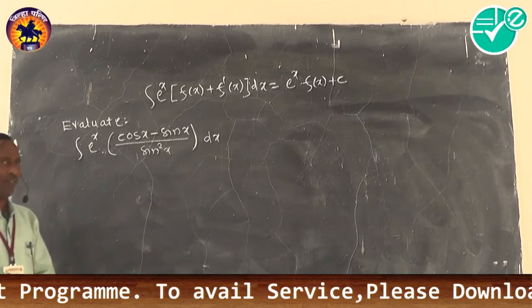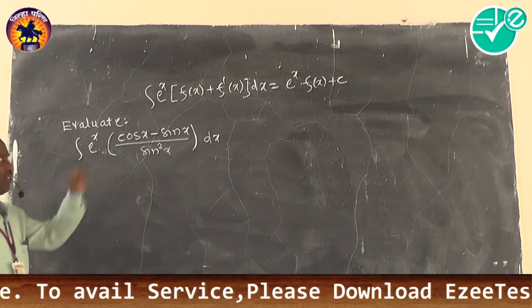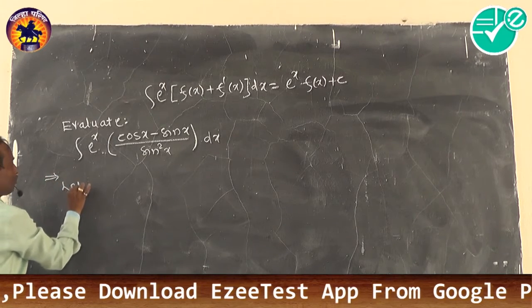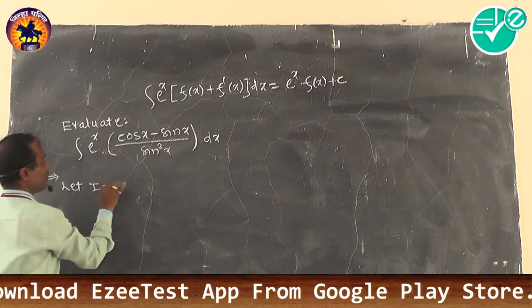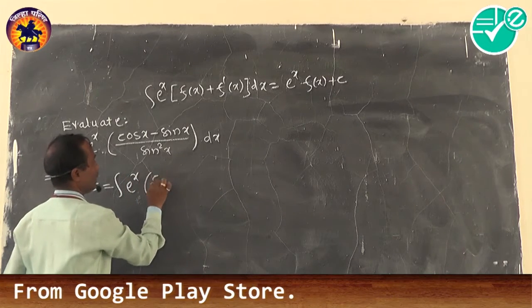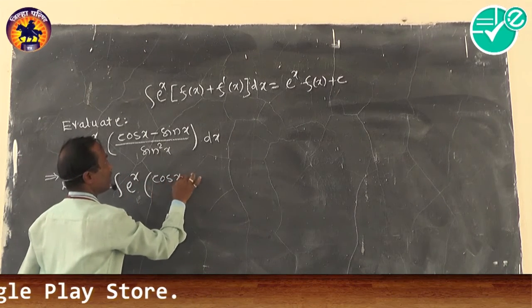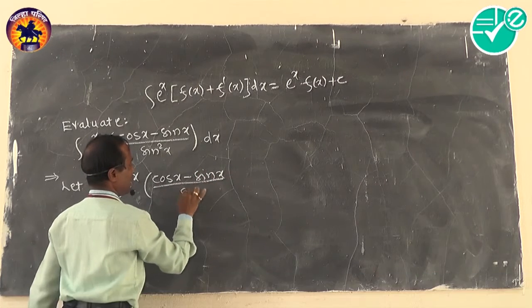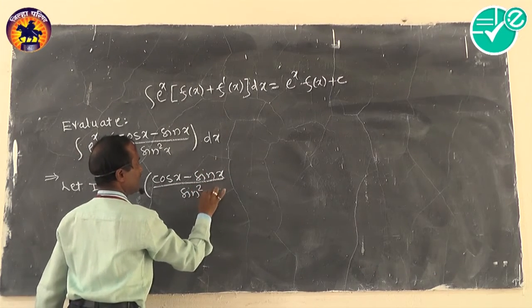Now we want to evaluate this example by using this corollary. Solution: let I is equal to integral of e to the power x into (cos x minus sin x) divide by sin square x dx.